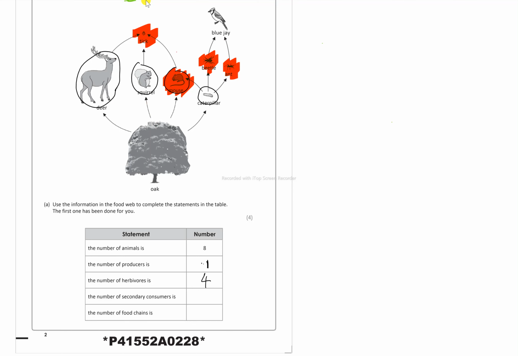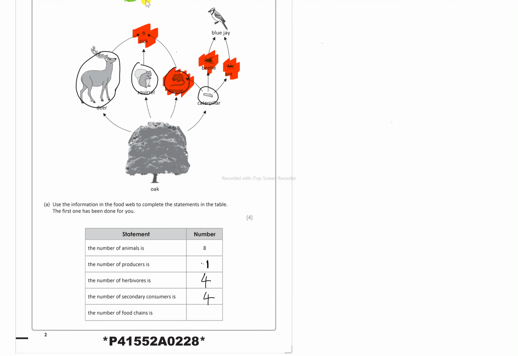So we have 4 secondary consumers. I can write it like this. That's being lazy. Let's not be lazy. We tell students not to be lazy, we're not lazy. 4. The number of food chains is, whoa.